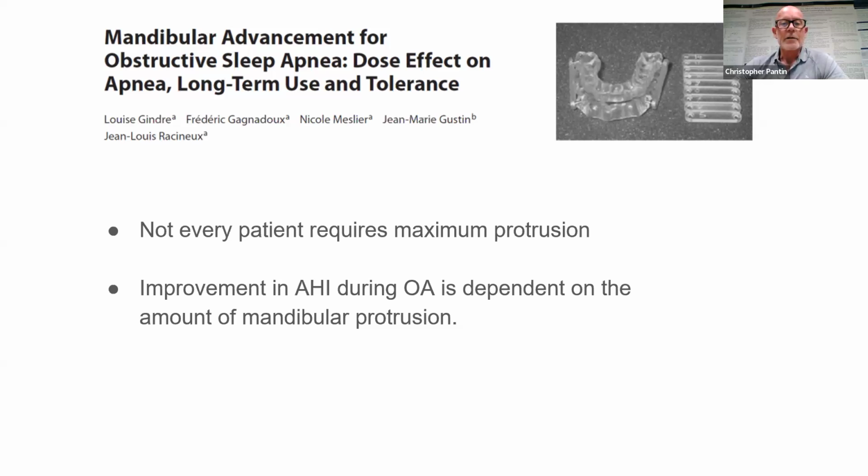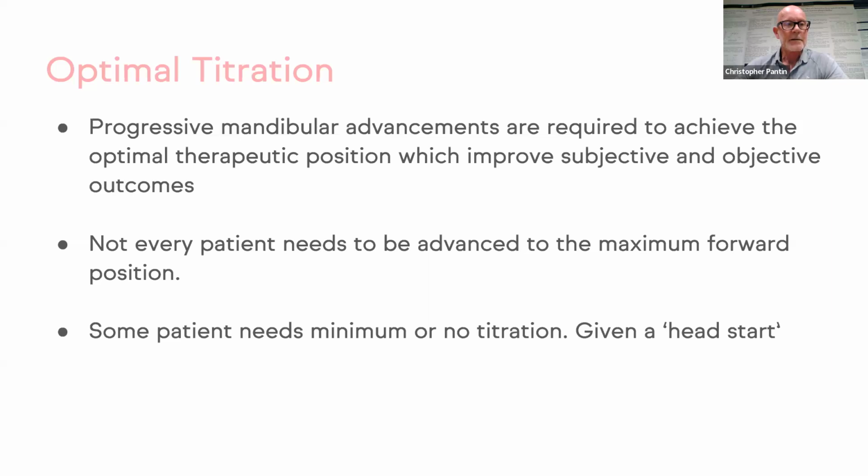Improvement in AHI during oral appliance therapy is dependent on the amount of mandibular protrusion. That's just a no-brainer, but also be very aware it doesn't mean more is more. More is better, as we saw way back in this lecture.